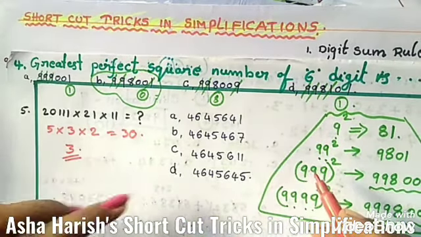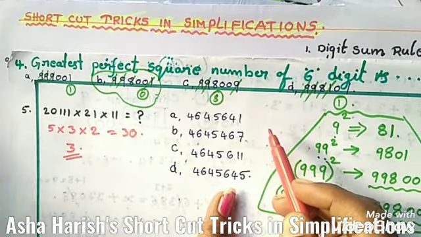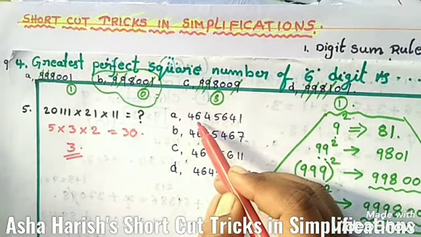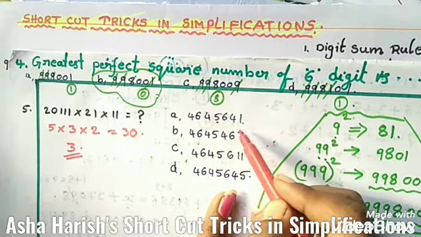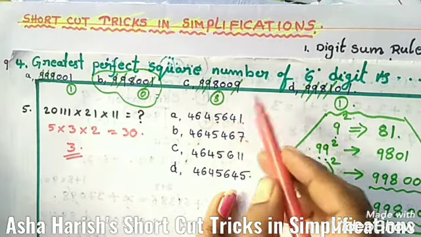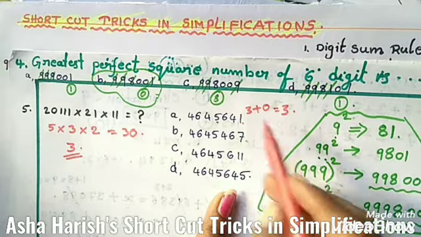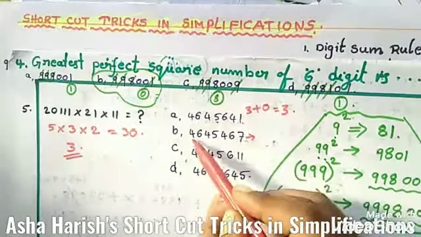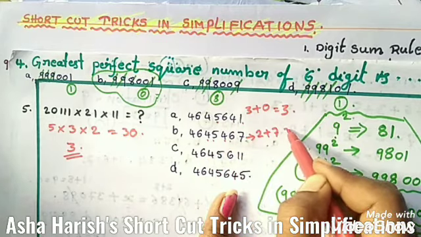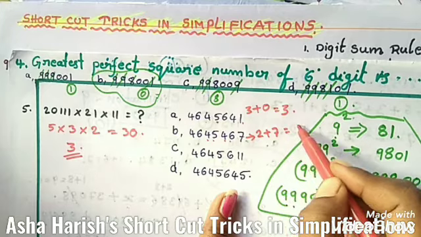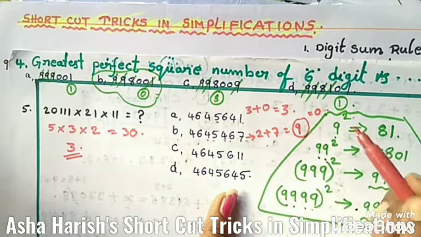Then the same rule if you apply to these options also, how much number should you get here? So 4 plus 6, 10, 14, 19, 19 plus 1, 20, here 20 plus 10, 30. 30 means 3 plus 0, again here 3. Okay, now this option: 10, 19, 19 plus 10, 20, 27. 27 means 2 plus 7 is equal to 9. So simply you can eliminate this number, you can take it as 0.